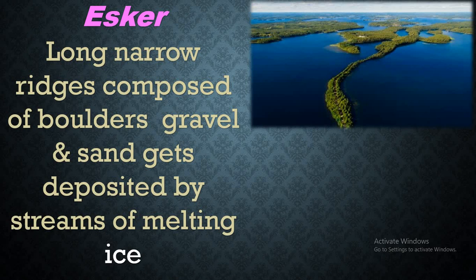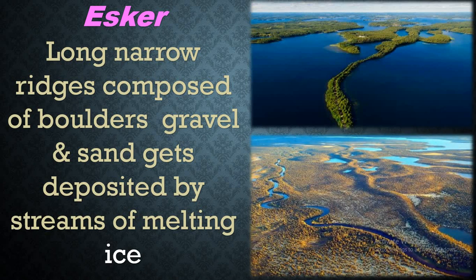It creates a deposit for a long time and creates some natural vegetation over there. Here you can see some of the landforms with sand, gravels, and tiny spots. This is the esker.